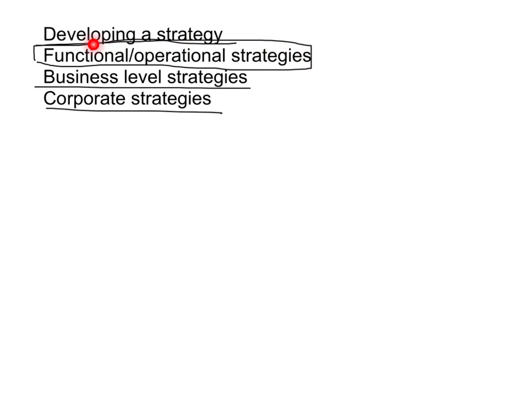Some examples might be, as a functional strategy, you might want to achieve economies of scale. For example, a business will try to reduce its delivery costs if they use one large van to make one journey rather than 3 small vans making 3 trips.